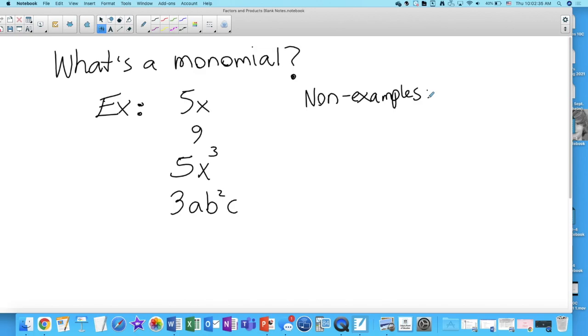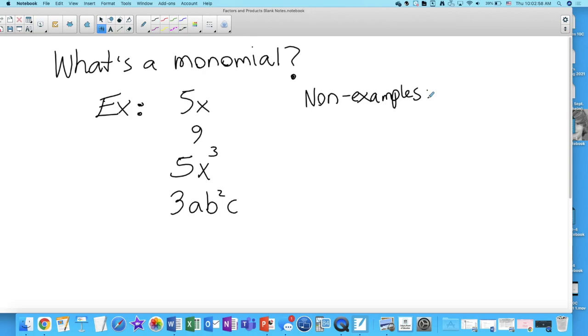Yeah? x plus y plus z or something? Okay, so x plus y plus z is a polynomial. So I don't want that type of non-example. I want a non-example of something where if you put it in a polynomial, that would also not be a polynomial. Okay? Yep. Would 16 minus 8 or something be right? 16 minus 8 equals 8, so that's a monomial.